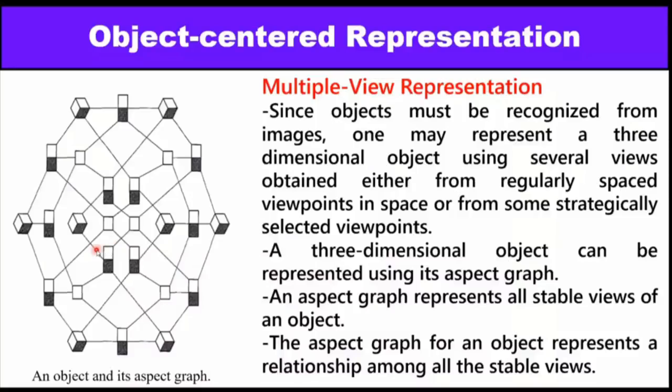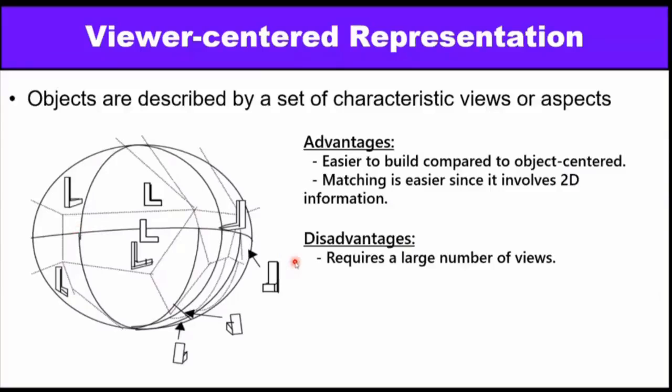So many views are generated because every object cannot lie in the same position. On the contrary, when I fix the camera, I wait till my object comes into the standard view. That's why the process becomes somewhat easier. Again, here also we must have knowledge of all the other views. It is easier to build in object centered if you have correct 2D information.